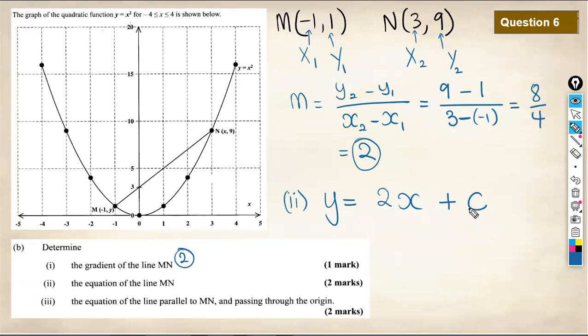Now, to find c, we could waste time by choosing one of the values and substituting it in, but isn't c the y-intercept? Isn't it shown very clearly on the diagram? You don't even have to guess. The y-intercept is 3. So you don't need to waste time calculating it. Just replace it with 3.